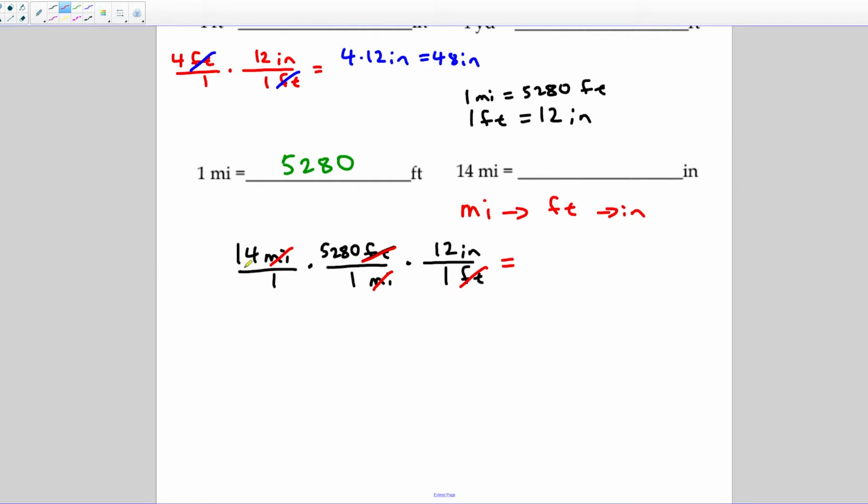So taking a look at what we have left over, we have 14 times 5,280, and maybe I'll do this in brackets, times 12 inches. And it's very nice for us because we are dividing by 1 times 1 times 1. So I don't necessarily need my denominator there.